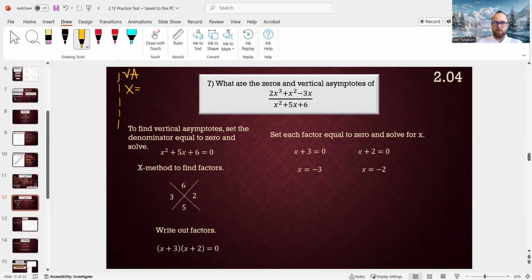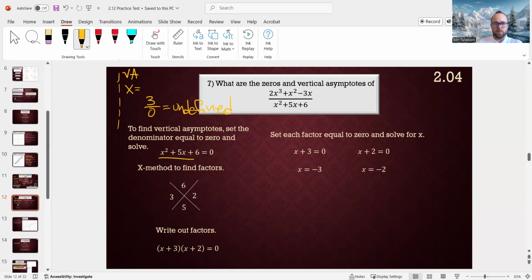And think about any fraction with a denominator of zero. What does that equal? Undefined, which totally makes sense. If we find the values that make the denominator equal to zero, we're going to find out where those vertical asymptotes are. In other words, where this quadratic is undefined.